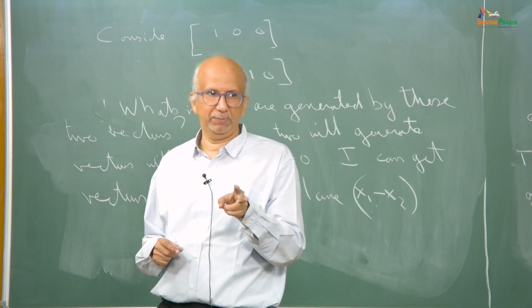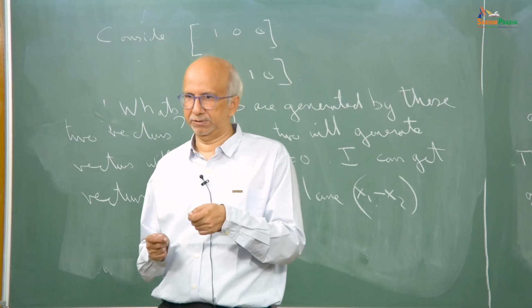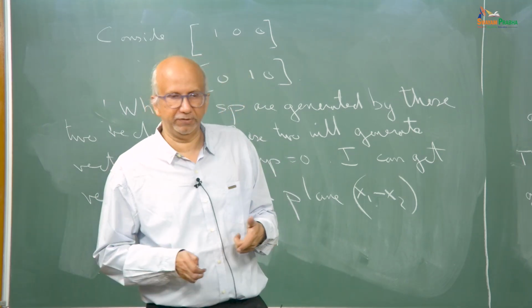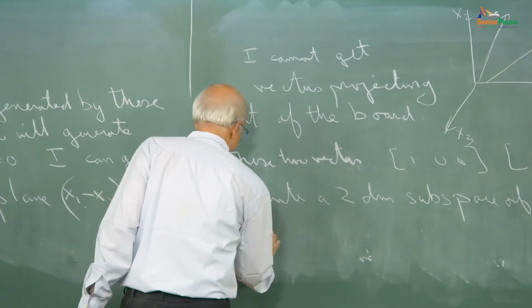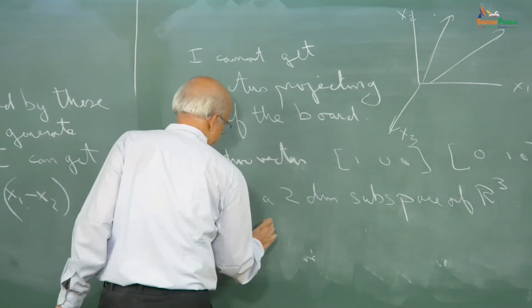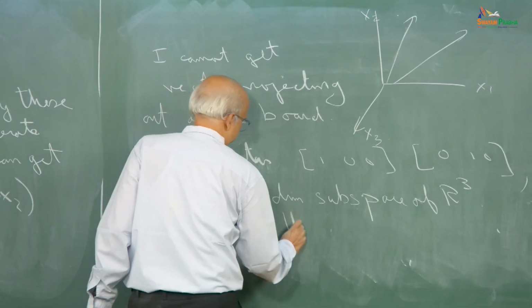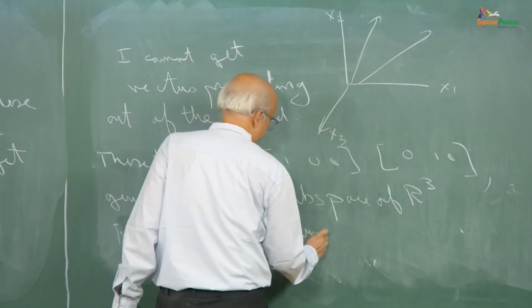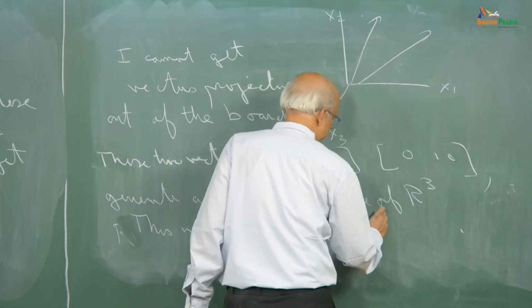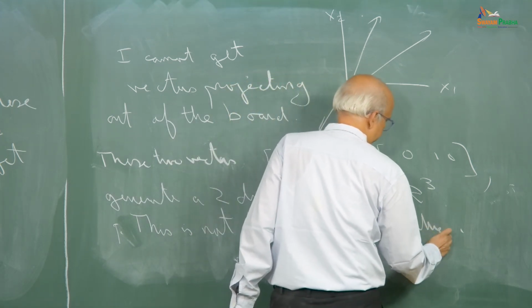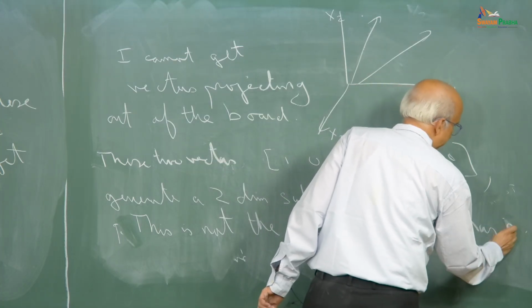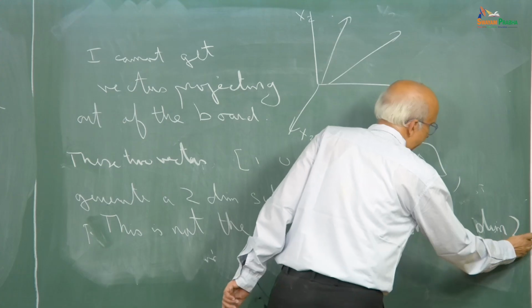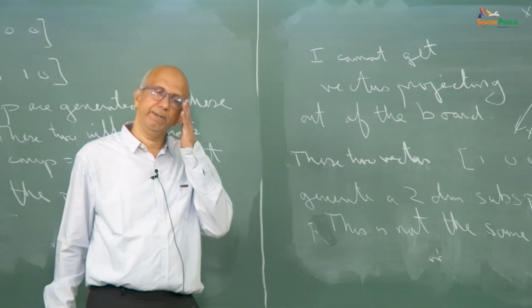R2 also has 2 dimensions, but there are 2 coordinates, okay. You have to understand the difference. So, this is not the same as R2, which has dimension 2, okay.